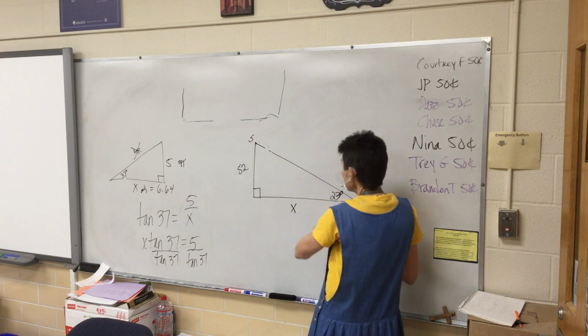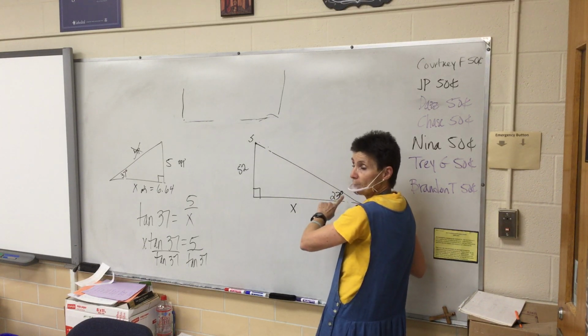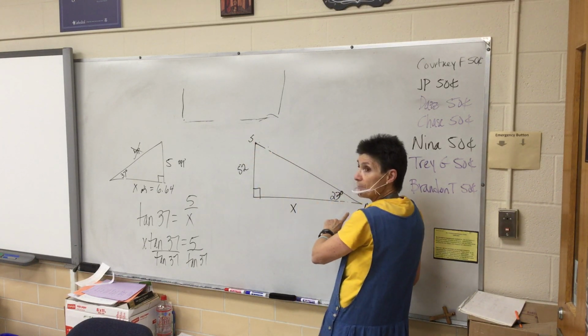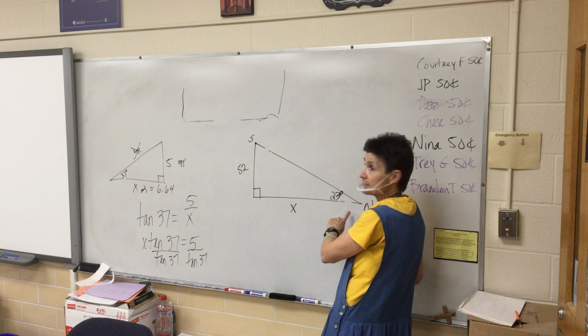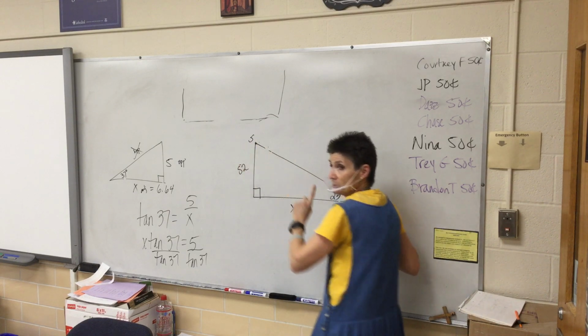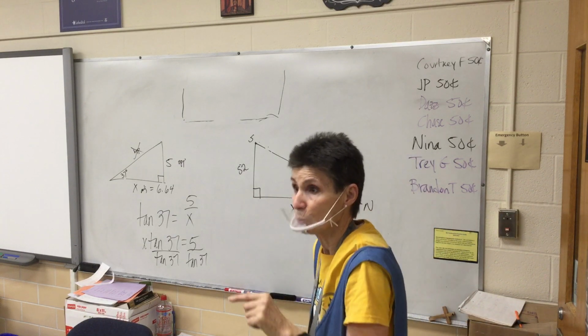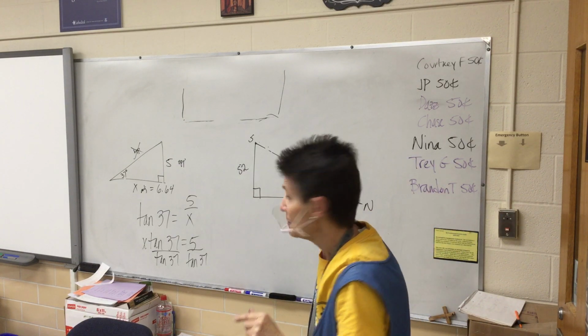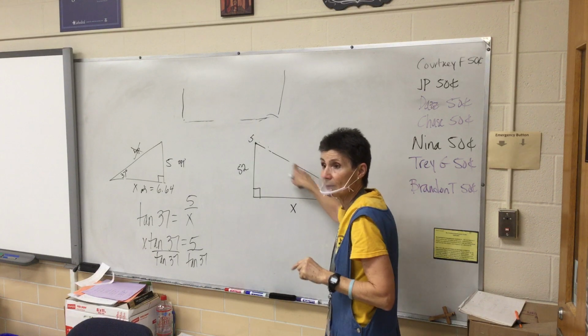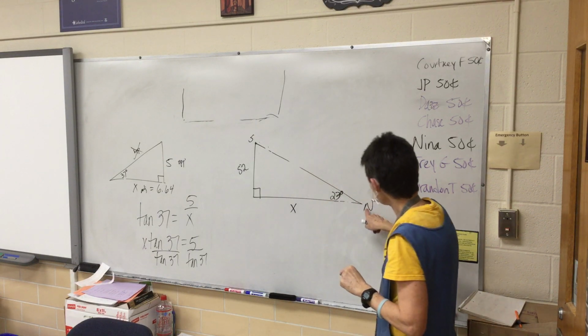What would this be? This could be a question, but what question would this be? From the nut to the squirrel. If I wanted to find the distance from the nut to the squirrel, then my X would be up here, right? This is an N for nut.